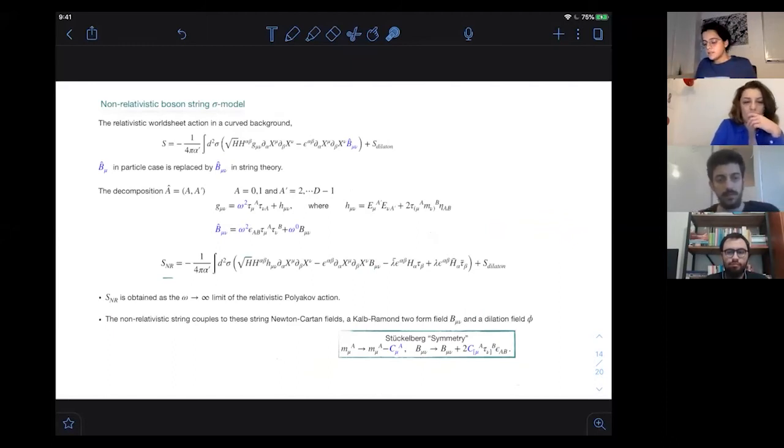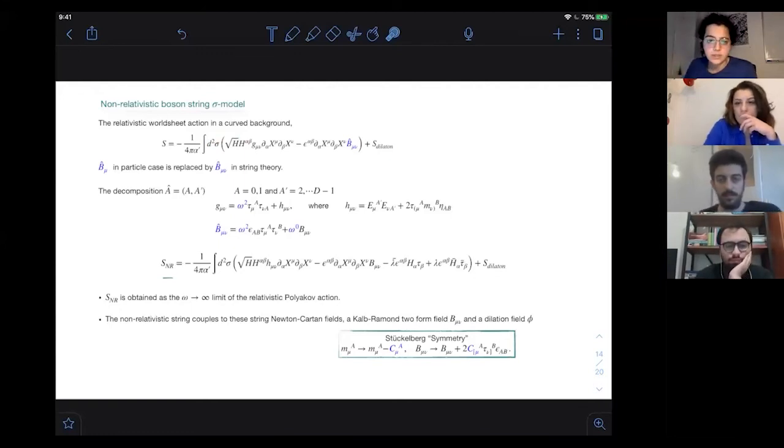Because they are extended, instead of a worldline, we have a worldsheet. So let me introduce this action. h is an independent worldsheet metric, G_mu nu is a space-time background field, B_mu nu is a Kalb-Ramond field known in the string literature, and there is possibly some dilaton term.